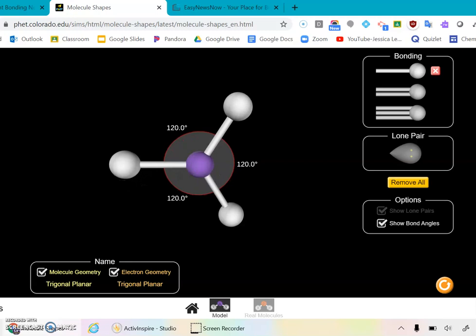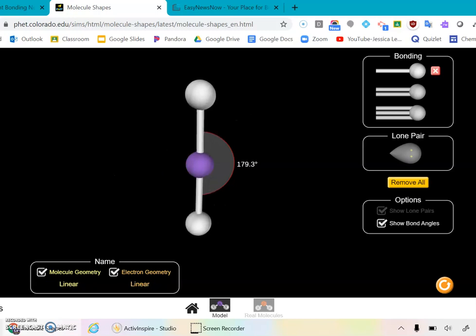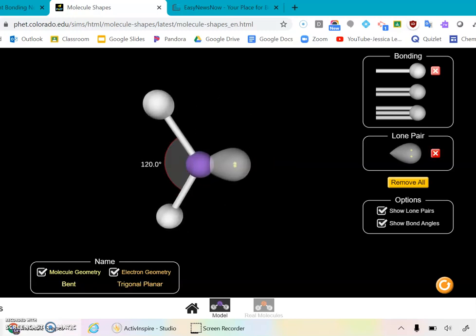But if I remove one of these bonds and replace it with a lone pair, it's still going to give me the bond angle that started with that trigonal planar shape. That's the electron geometry of the whole thing.